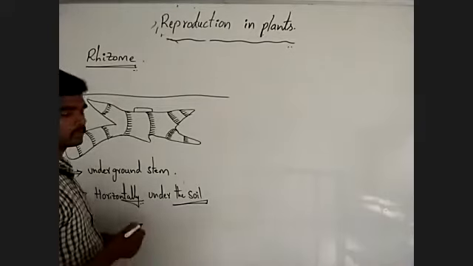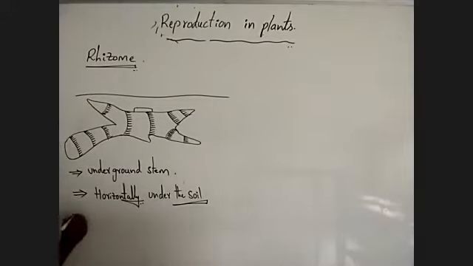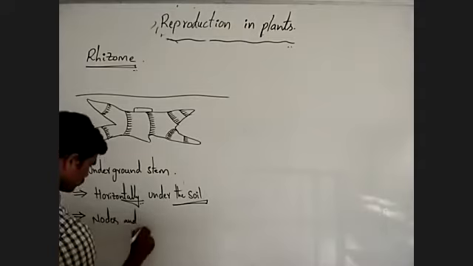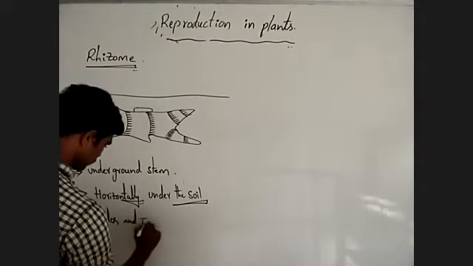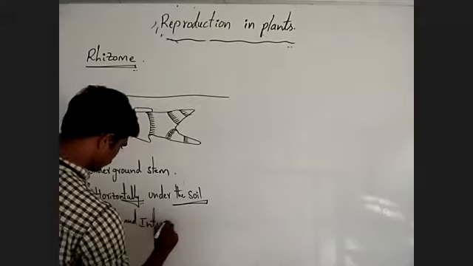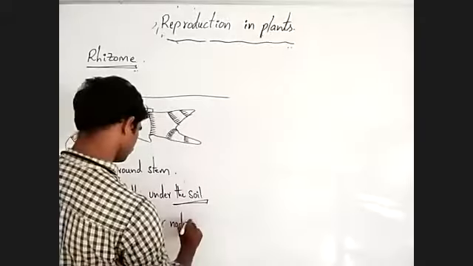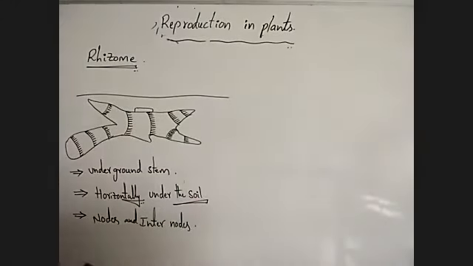Next, nodes and internodes are present here also. Axillary bud is developed.